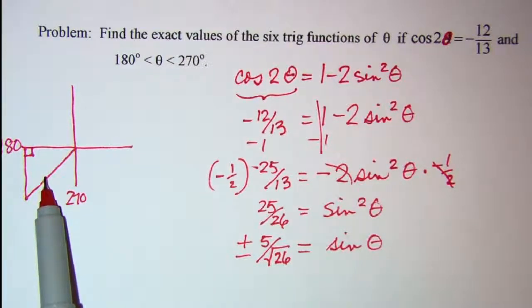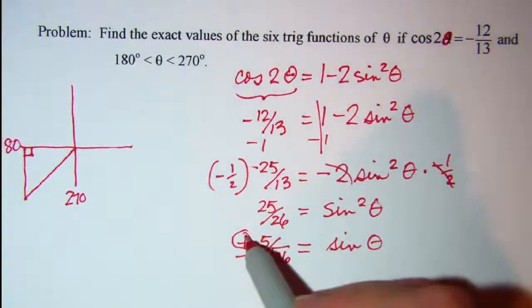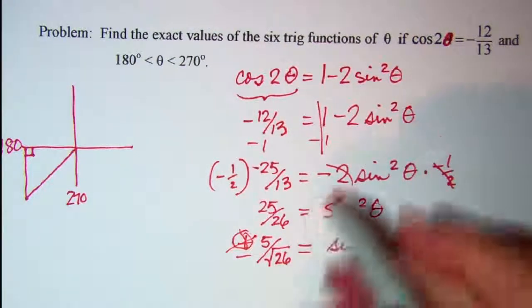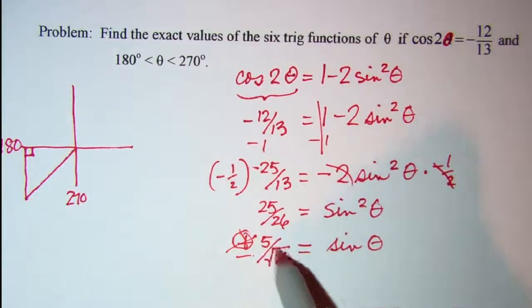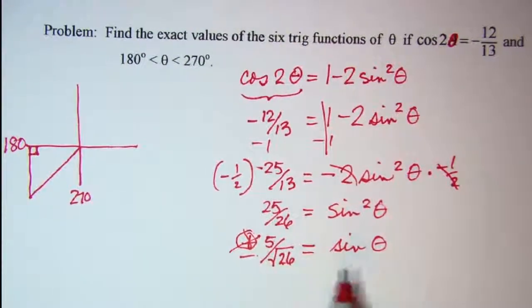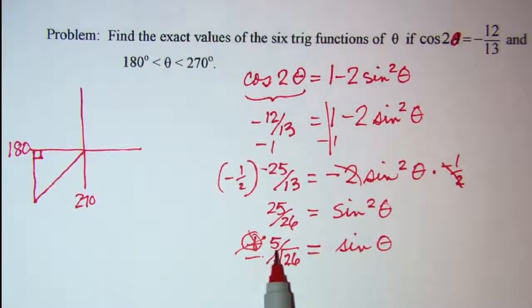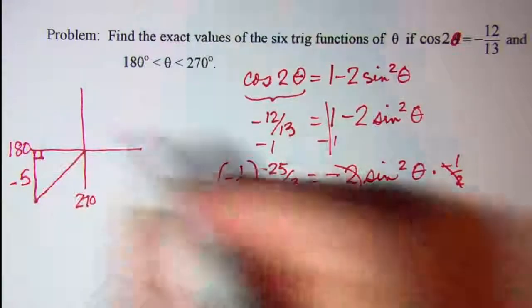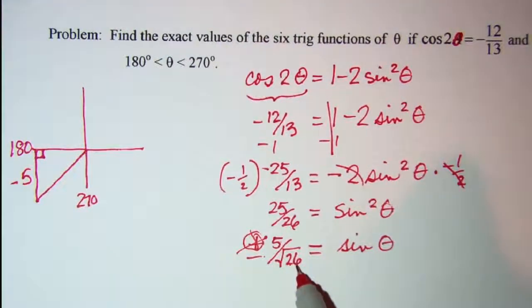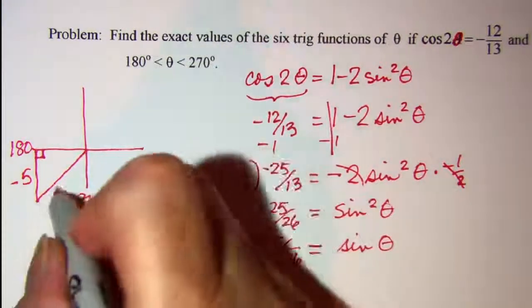Well, the sine is negative in quadrant 3, so I can't use this. I need to use a negative 5 over root 26. So my opposite side will be a negative 5. And my hypotenuse will be a root 26.